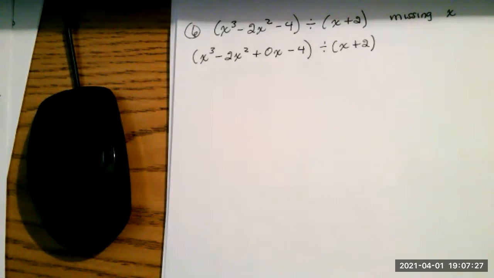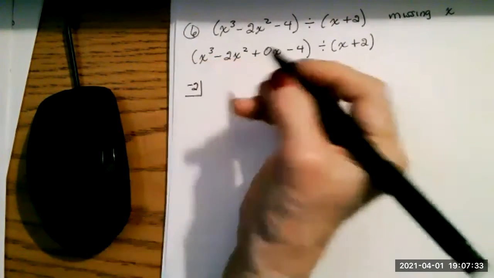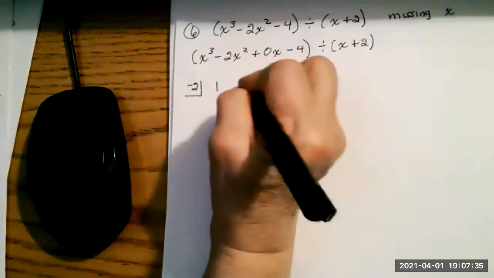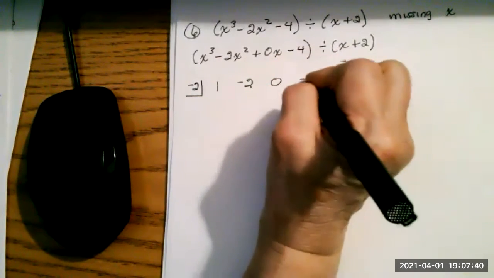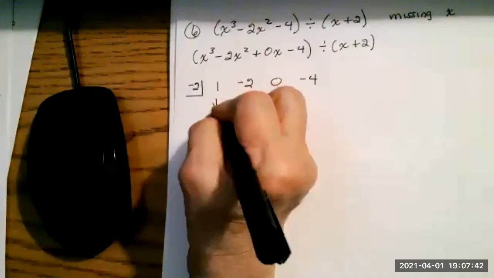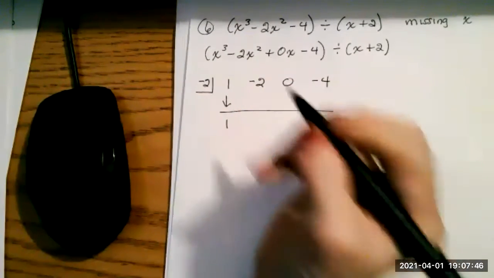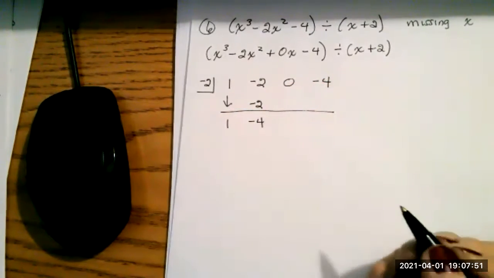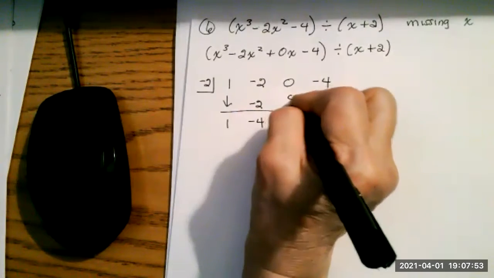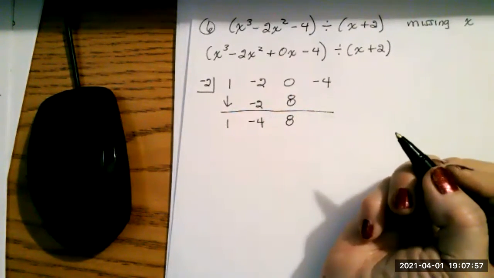Okay, what goes in our box? Negative 2. And you have 1x cubed, negative 2x squared, 0x, negative 4. Negative 2 times 1 is negative 2. That's going to give me negative 4. Negative 2 times negative 4 is positive 8. 8 plus 0 is 8.